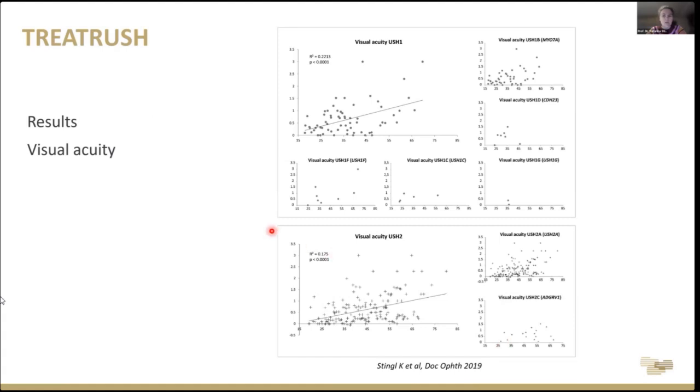The same is true for visual acuity, and here in these diagrams, of course, the y-axis to the higher part is the worst one, to the lower side is the better one, and we see a wide spread of the visual acuities among all cohorts, basically.